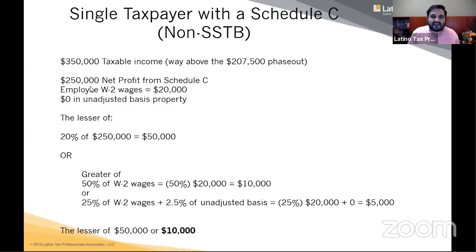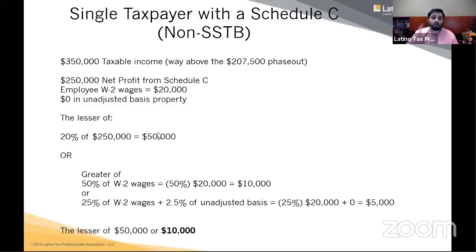She has $20,000 of W-2 wages in that business. She does not own any property. The business does not have any assets. So let's look at the math here. How it works is you first take 20% of the qualified business income. So 20% of 250,000 is $50,000.